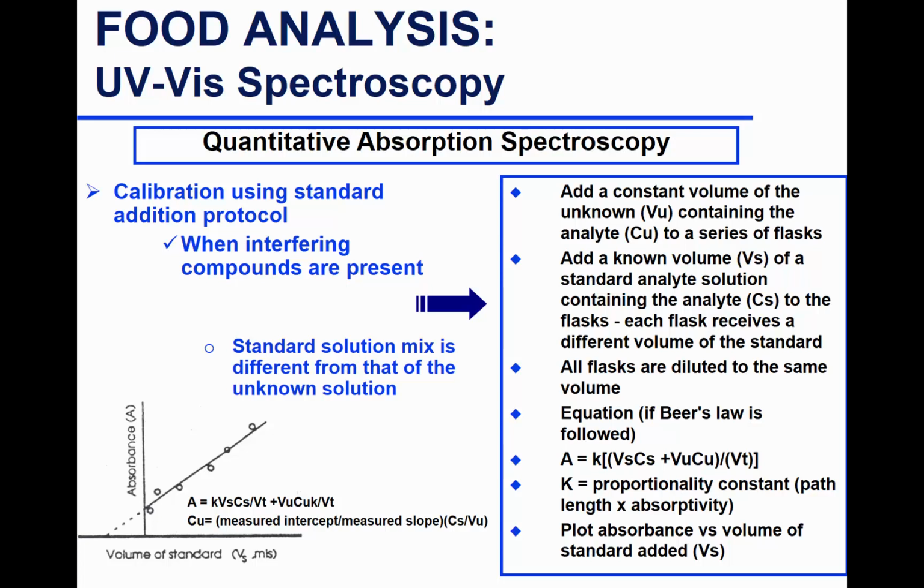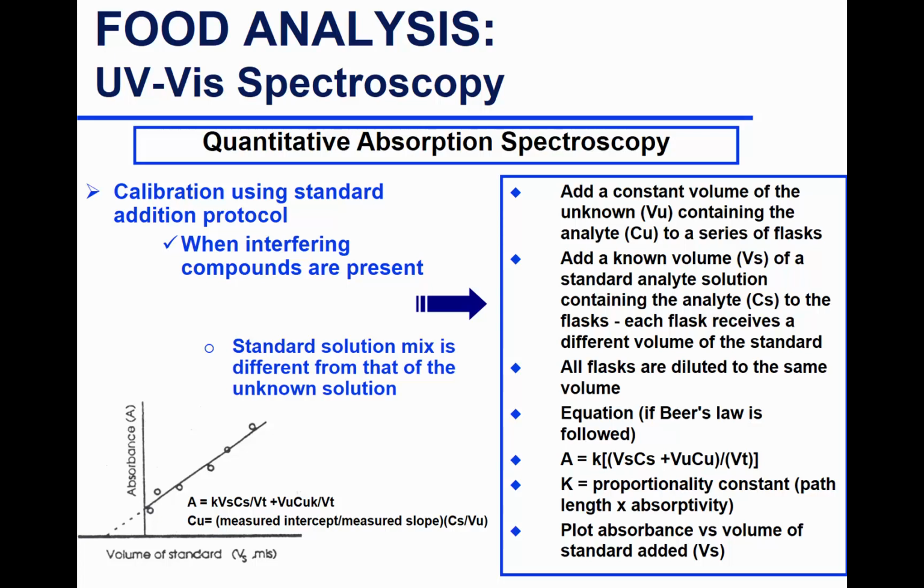So let's say 10, 15, 20, 25, 35 milliliters. So you are building a standard curve within your sample, and then you dilute up to the same volume, say 100 milliliters, with buffer or water or whatever it is.